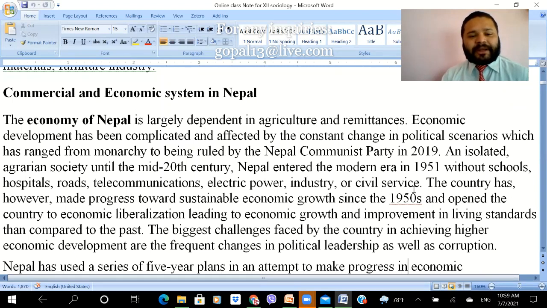And economic development has been complicated and affected by the constant change in political scenarios, which has ranged from monarchy to being ruled by the National Communist Party in 2019. An isolated agrarian society until the mid 20th century, Nepal entered the modern era in 1951 without schools, hospitals, roads, telephone, telecommunication, electric power, and all, right?